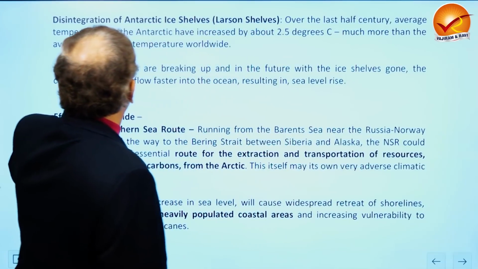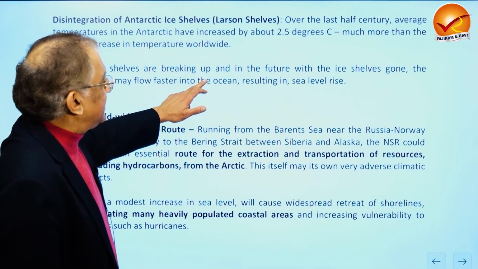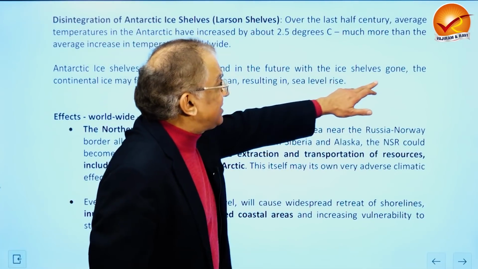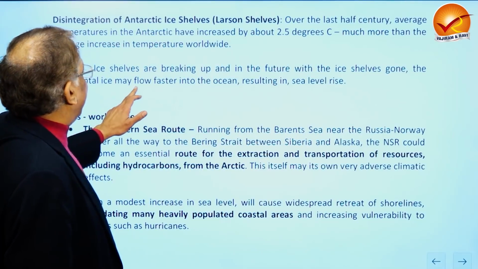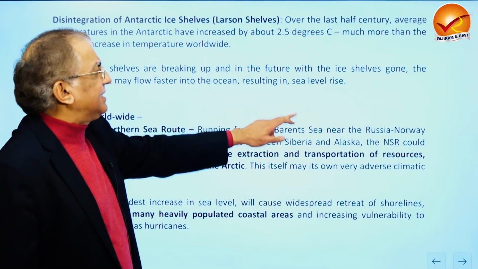So you have Antarctic ice shelves breaking up, and in the future, with the ice shelves gone, the continental ice may flow faster into the ocean, resulting in sea level rise.